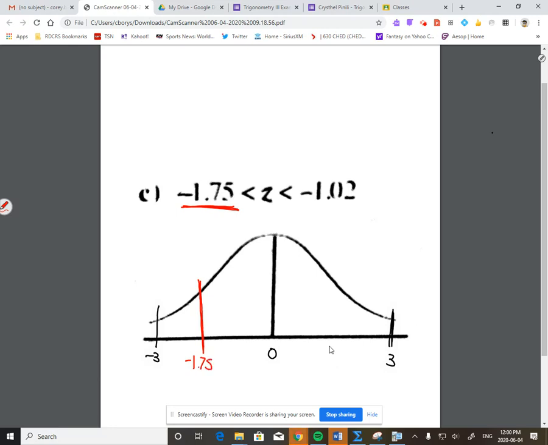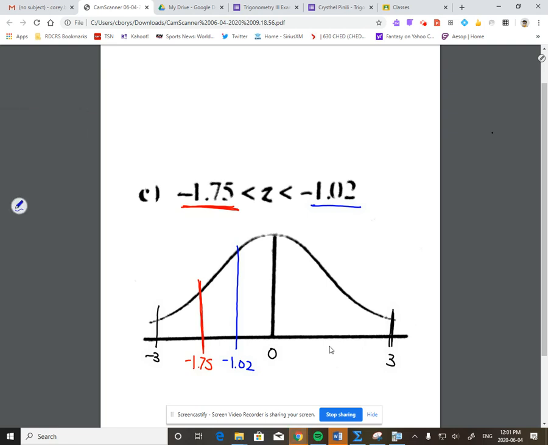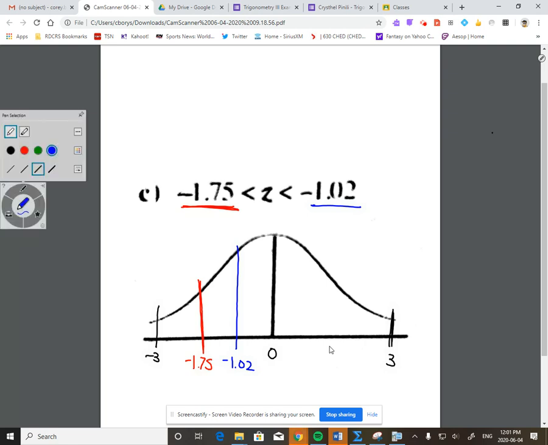And negative 1.02 is probably somewhere around here. So what we're looking for is the area under the curve that is greater than negative 1.75 but less than negative 1.02, or roughly this area here.